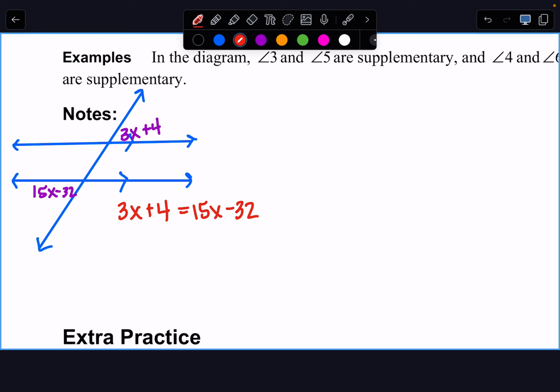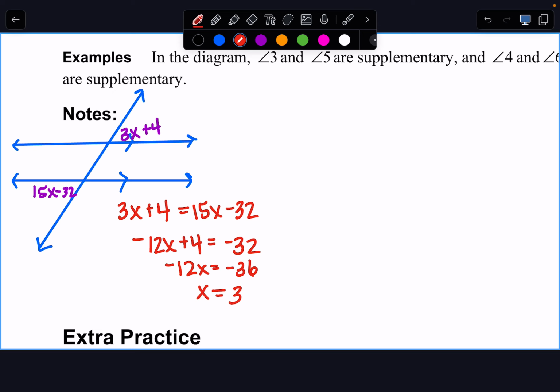Okay, so, wow, you guys did that really fast. So if I minus 15x over, we would have negative 9x plus 4. That's negative 11. That's negative 12. What am I doing? I'm out of practice here, guys. X equals 3, guys.